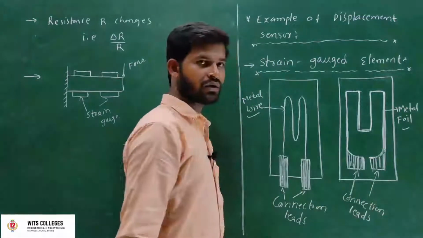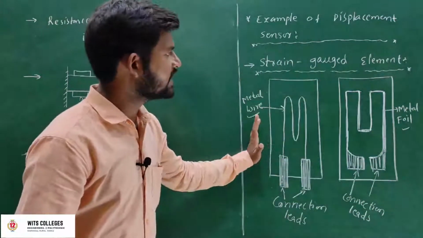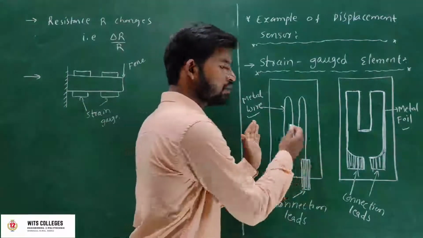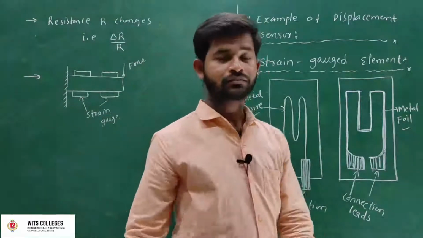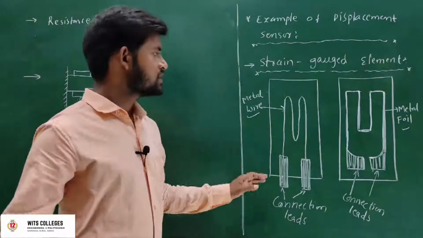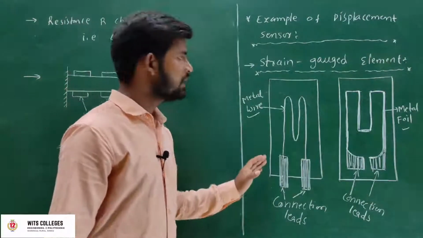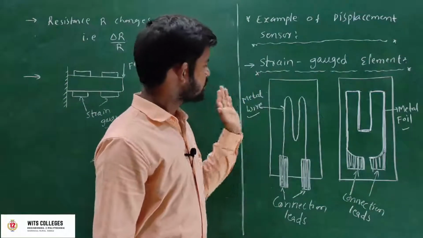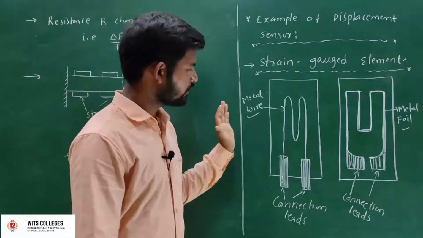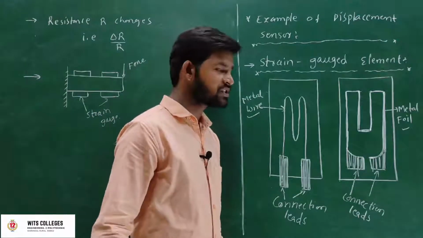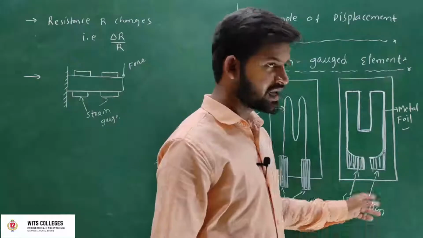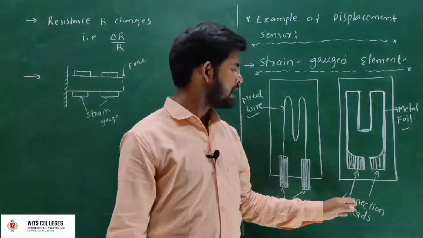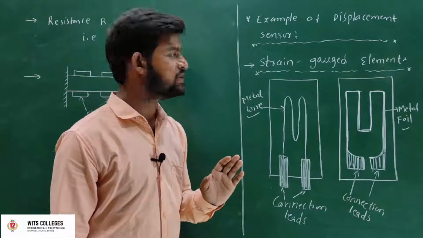This is the strain gauge element. Strain gauge element consists of metal wire with connection leads as well as metal foil with connection leads.